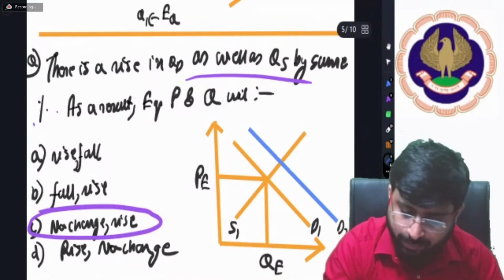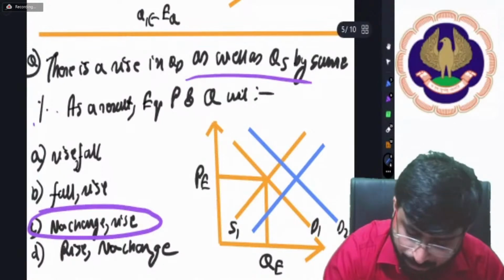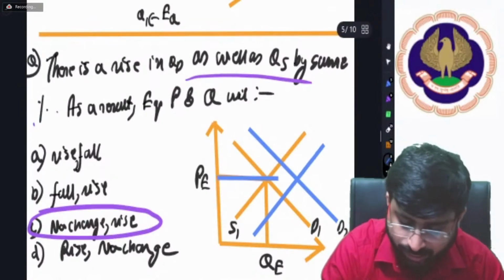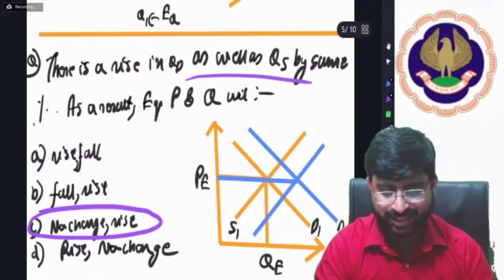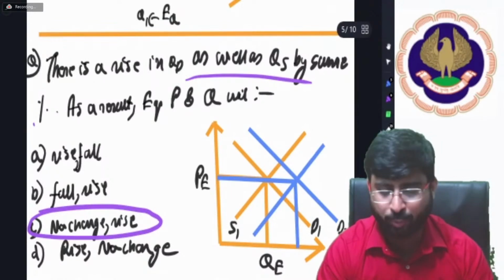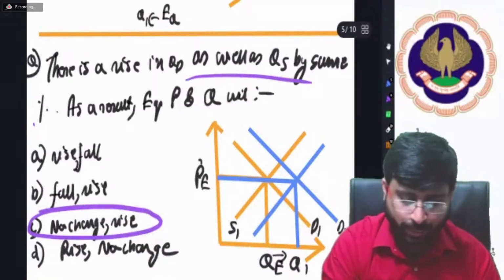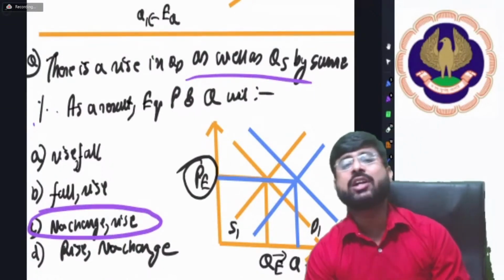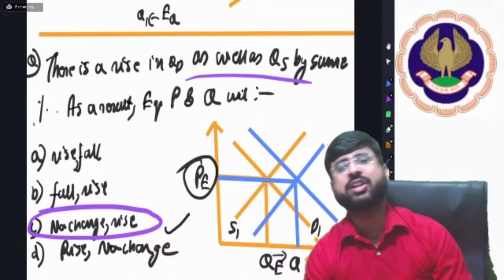If I keep the same gap, it gives me something like this. Now, if I find the new intersection of the blue lines, you see the equilibrium price remains at the same level, no change, and equilibrium quantity has risen, which you were all expecting. So with graphs also we have demonstrated the same.